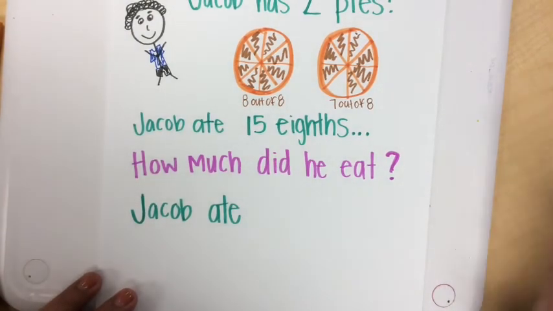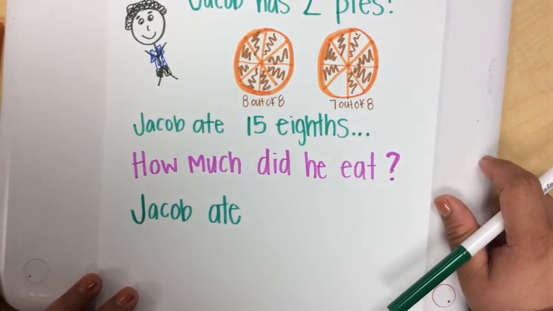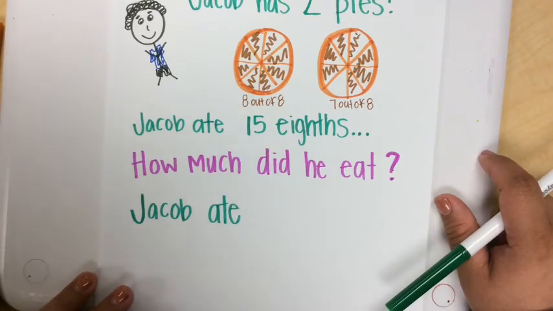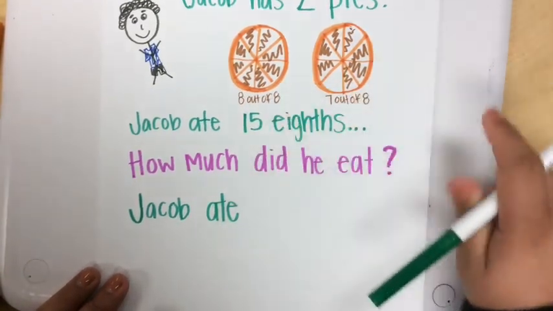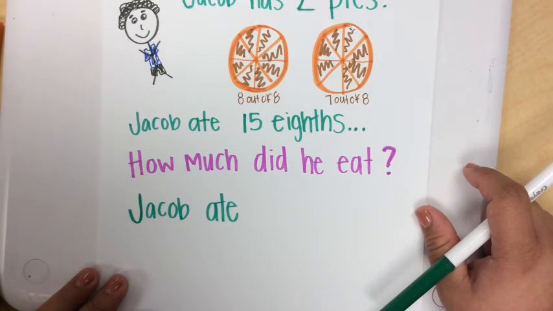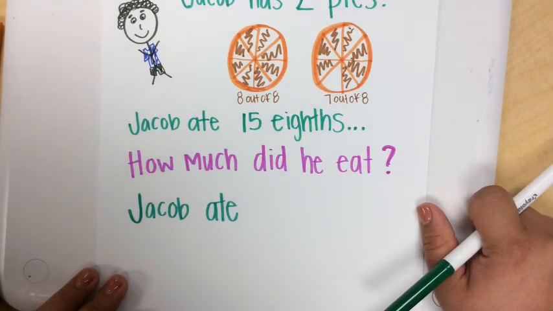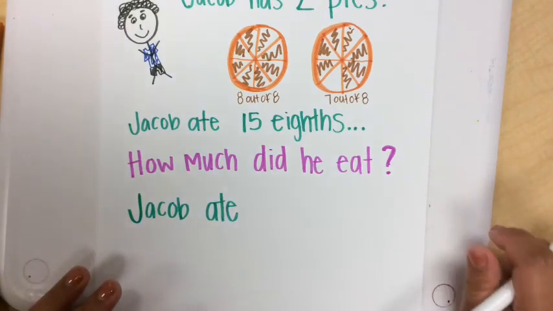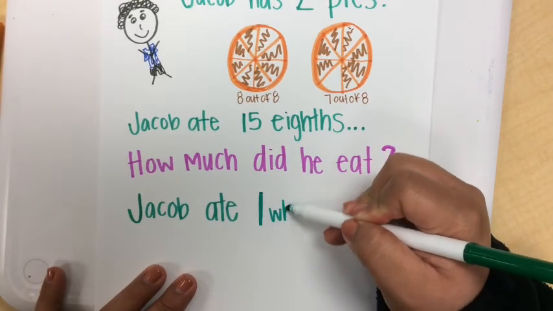Yes, 15/8, but remember we said it 8 out of 8 and 7 out of 8, or we can also say it how? 7 out of 8. Well, yes, 7 out of 8, but how do I say it together? So if we said 8 out of 8 here, what does that turn into? Giovanni. 1 whole. So Jacob ate 1 whole.